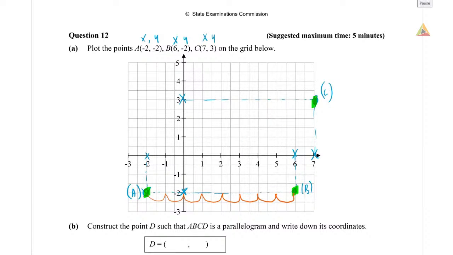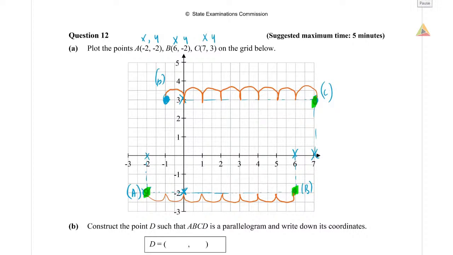So we're going to do the same thing now. We're going to go up to C and we're going to count back 8. So 1, 2, 3, 4, 5, 6, 7, 8. So that's our point. So our point D is going to be the point (-1, 3), which is here. So that's your point D.